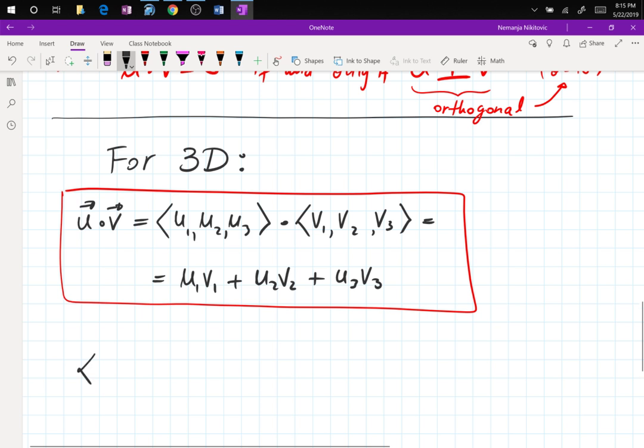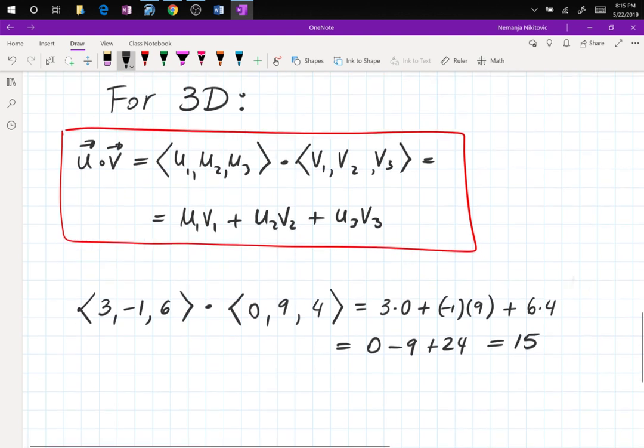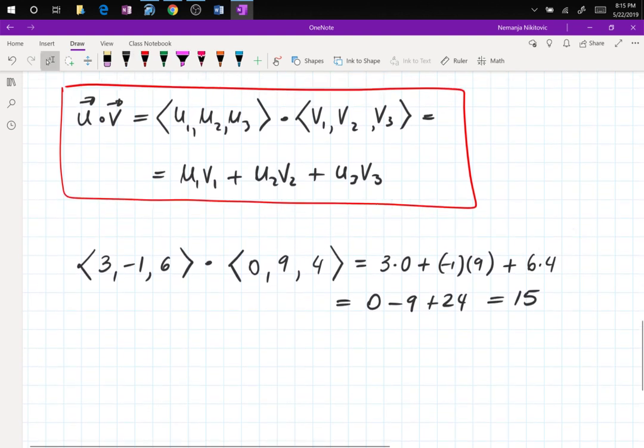So say you have a three-dimensional vector (3, -1, 6) dotted with the vector (0, 9, 4). It's going to be 3 times 0 plus -1 times 9 plus 6 times 4 for a total of 0 minus 9 plus 24, which is 15. So for three-dimensional vectors, the formula for angle is the same.